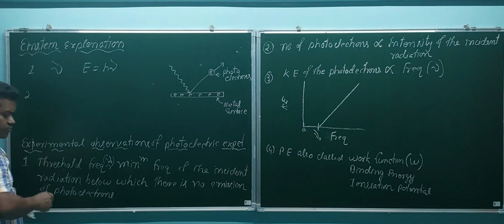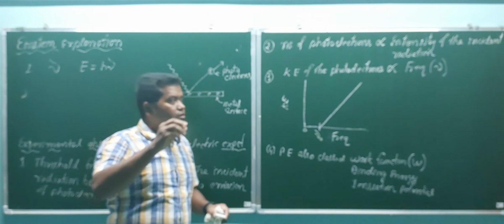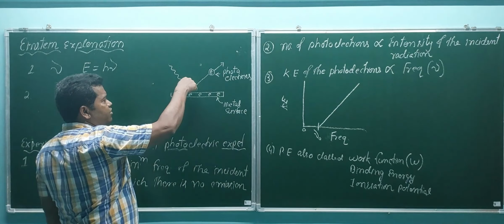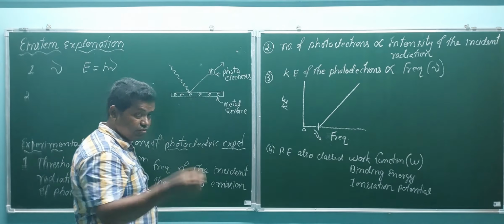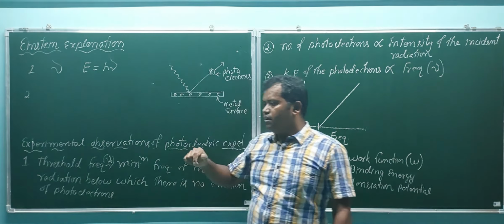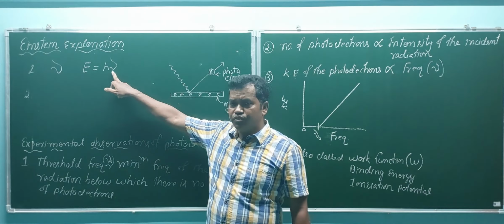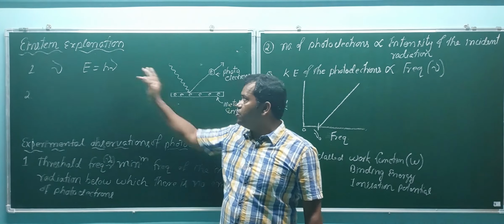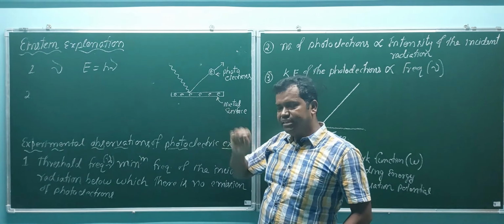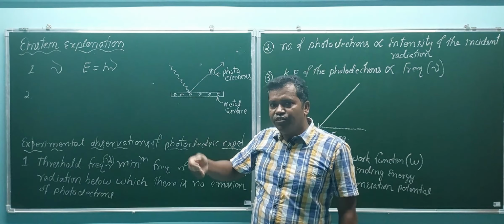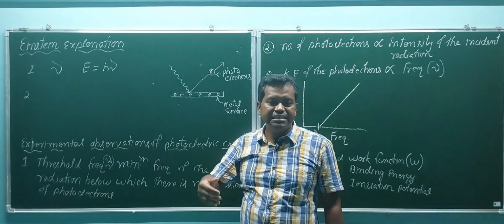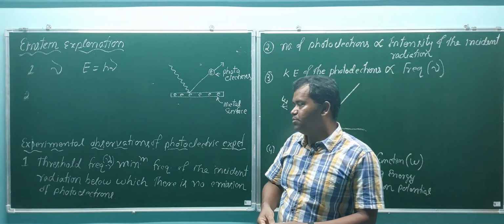Second, suppose this radiation strikes a metal atom, that is, a photon strikes the metal atom. The entire energy of the photon is absorbed by a single electron. So the probability of absorbing two or more photons is negligible.